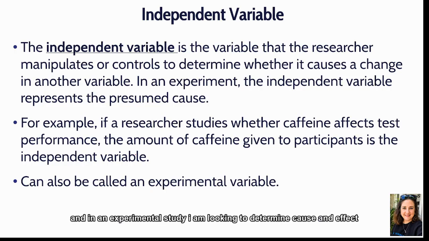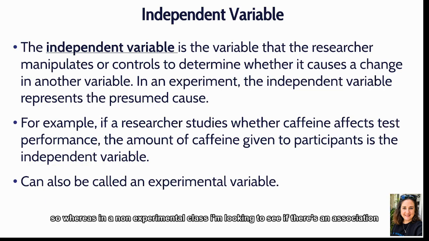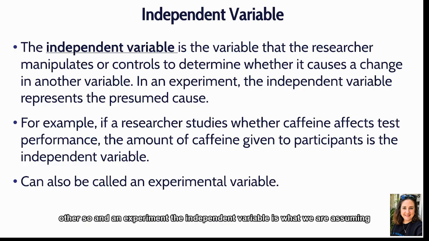And in an experimental study, I'm looking to determine cause and effect. Whereas in a non-experimental class, I'm looking to see if there's an association. Now I'm looking to see if there's a direct change, if one is causing the other. So in an experiment, the independent variable is what we are assuming causes the effect.